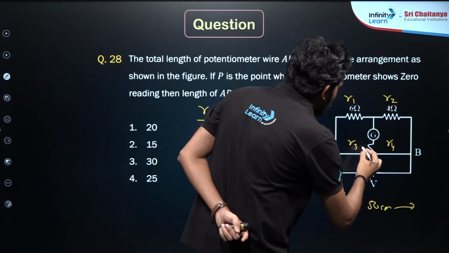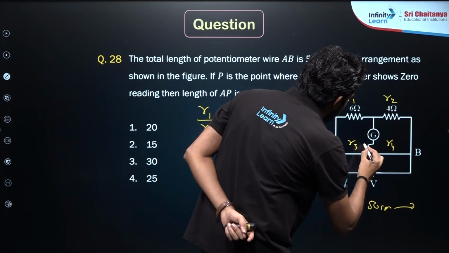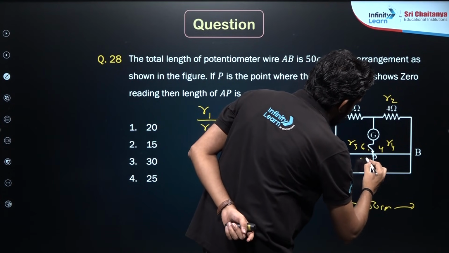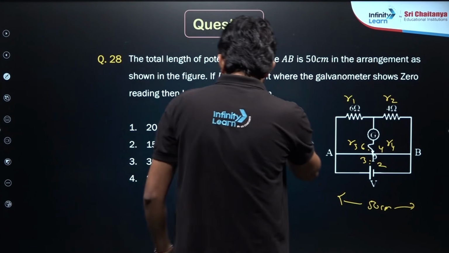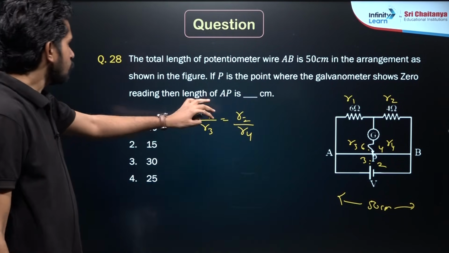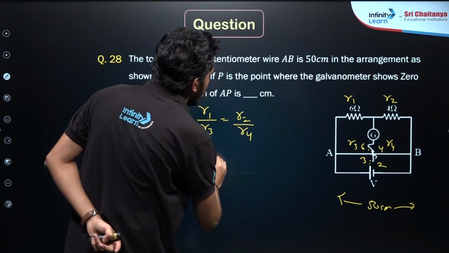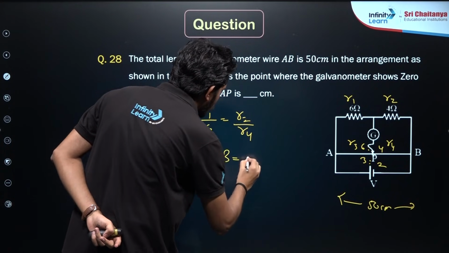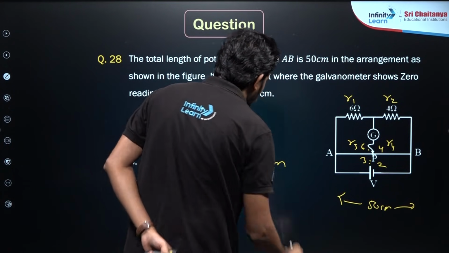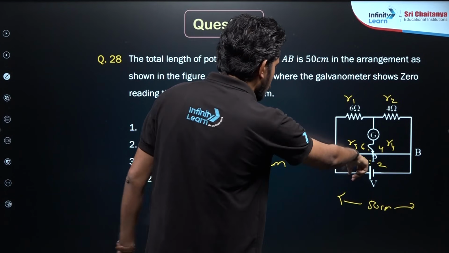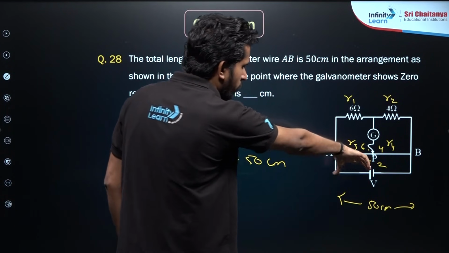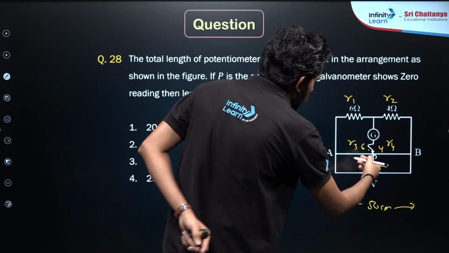So could I say these resistances will be in the ratio of 6:4 or 3:2? Okay, now we need AP. So total length AB is given, AB is 50 centimeter. 3:2 means total portions are 5.